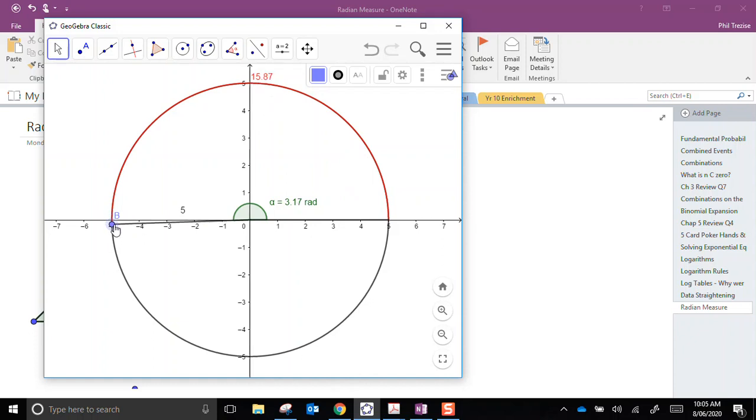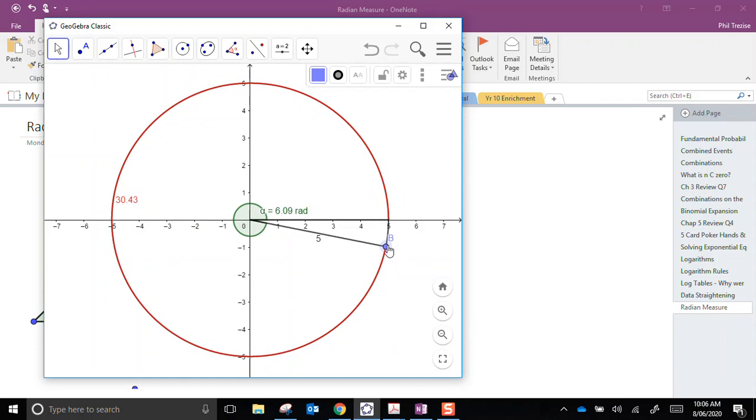As I keep going around the circle, I'm coming closer and closer and closer. Well, there, we just went past 6. Right, so the red line is now almost a full circumference. We're up to about 30 units divided by 5 gives 6 radians.